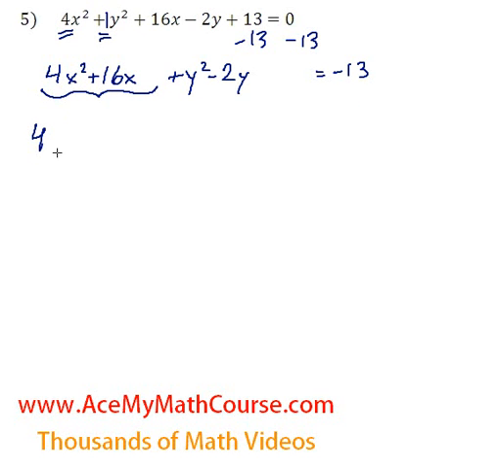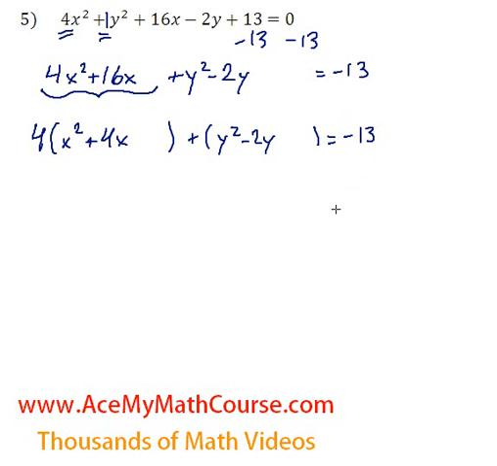So 4x squared divided by 4 is x squared. 16x divided by 4 is just 4x. Over here, we don't need to factor anything out, so just open parenthesis. And the negative 13 is just relaxing on the right hand side of the equation there.